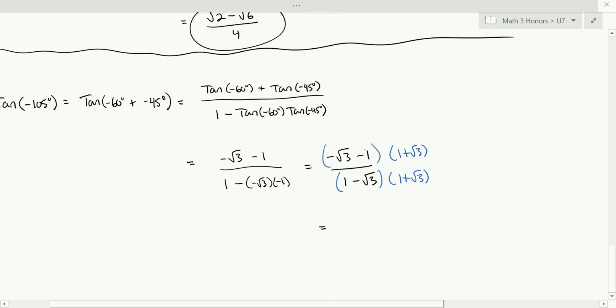And, well, I'll just multiply this out. So you get negative root 3, negative 3, negative 1, negative root 3. And when you multiply conjugates, all you need is the first times the first, and the last times the last.